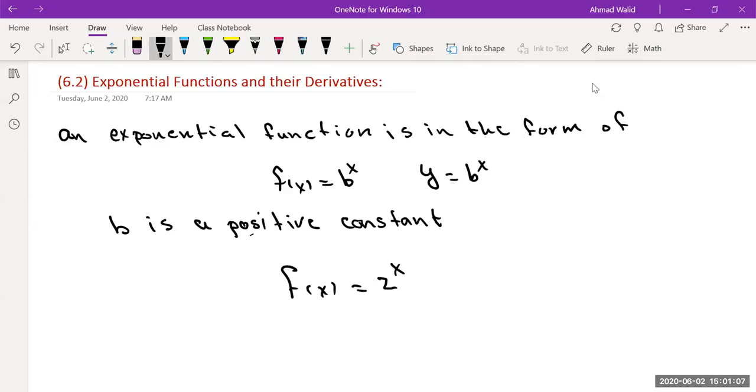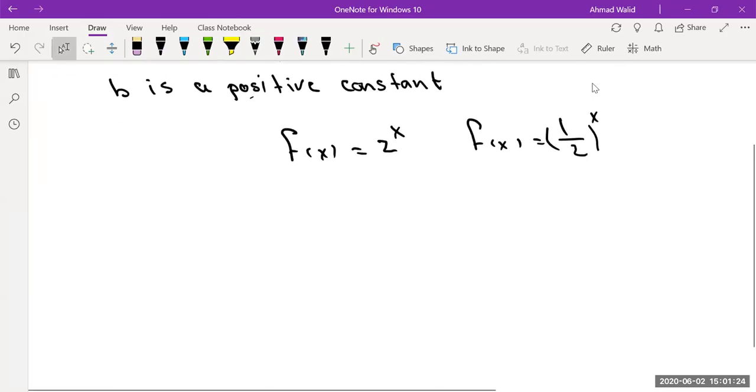I will call this function an exponential function, or f of x equals 1/2 to the power of x. The difference of this function with the other functions is that your variable is in the exponent. That's why we call it exponential function, 2 to the power of x, or 1/2 to the power of x. But anyway, your b is a positive constant.